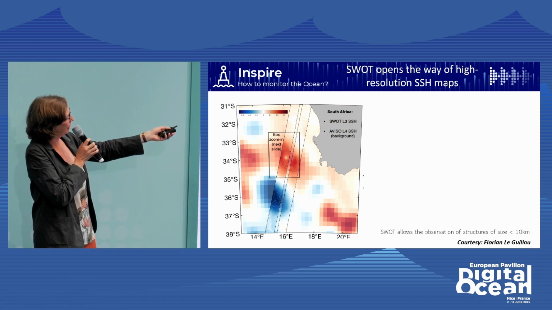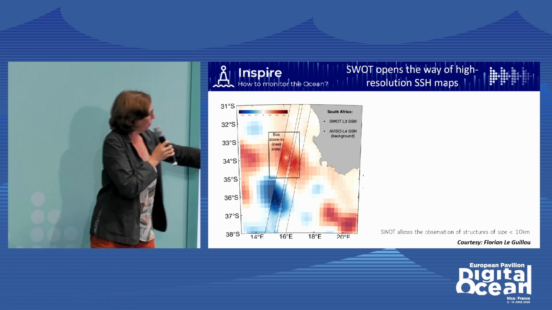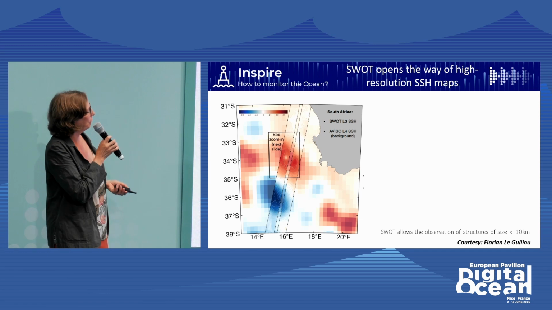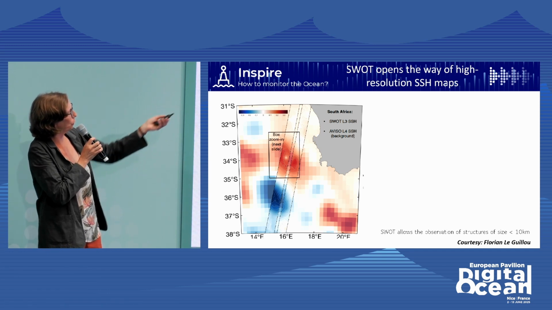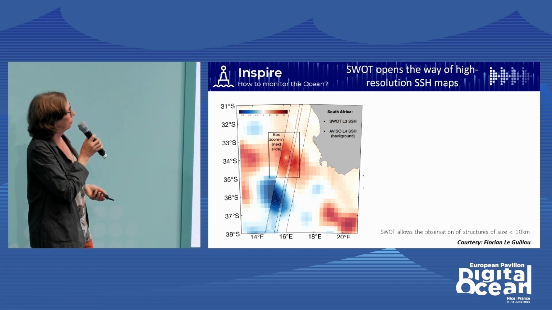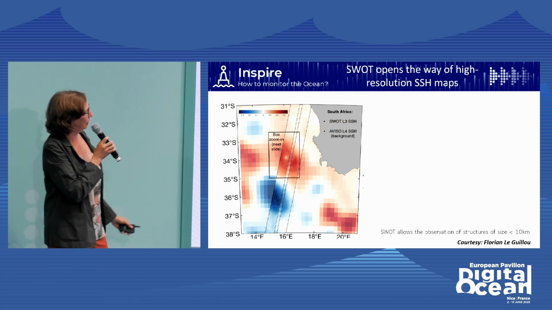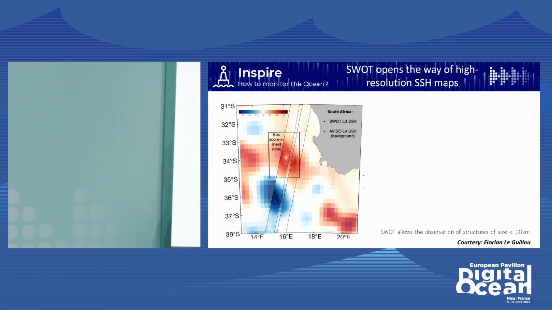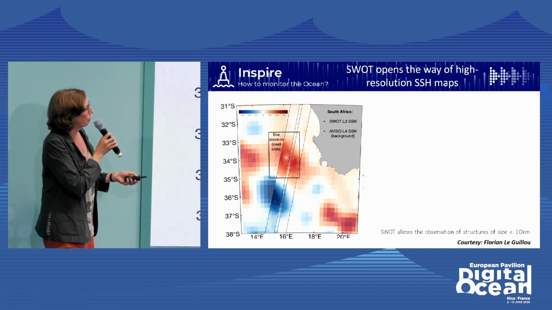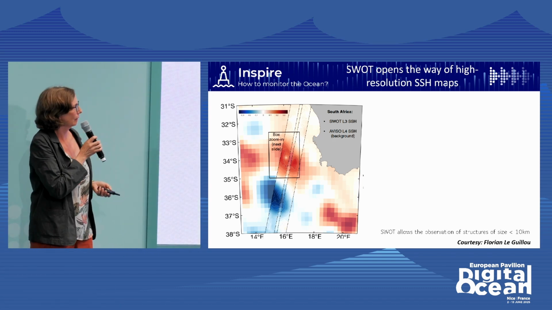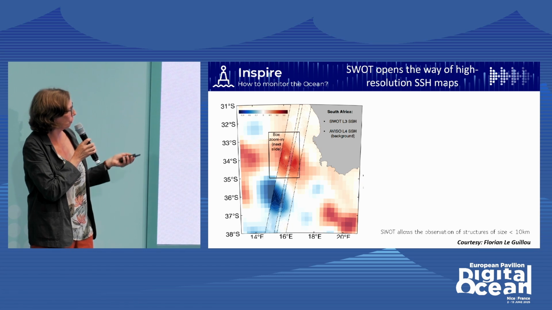This is an example. The pixelized map is from the nadir altimetry, and superimposed you have a swath of the SWOT mission, and you can see the sea level with this very small eddy in the middle of the swath, which is resolved by SWOT, but not by the classical mapping using along track altimetry.